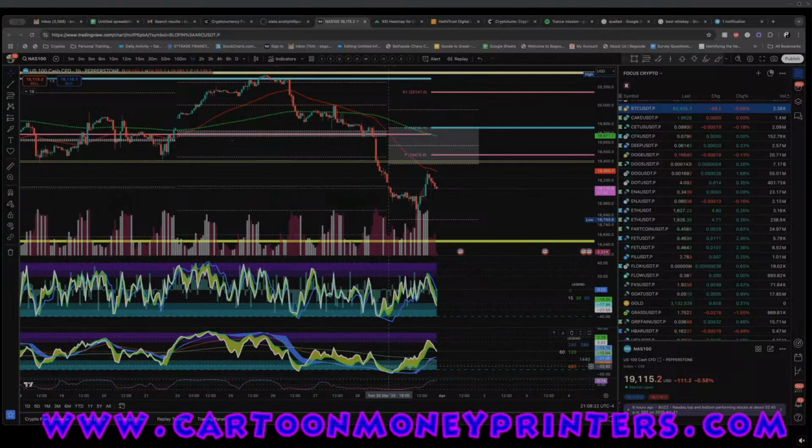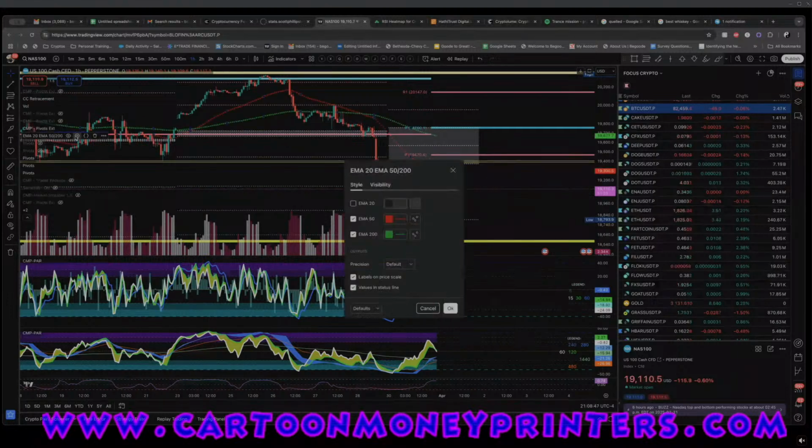Well, we had this kind of bull div on the 1 hour on the NASDAQ, and you already had your movement up into, this is the 1 hour 200. I always get them mixed up. The green is the 200.